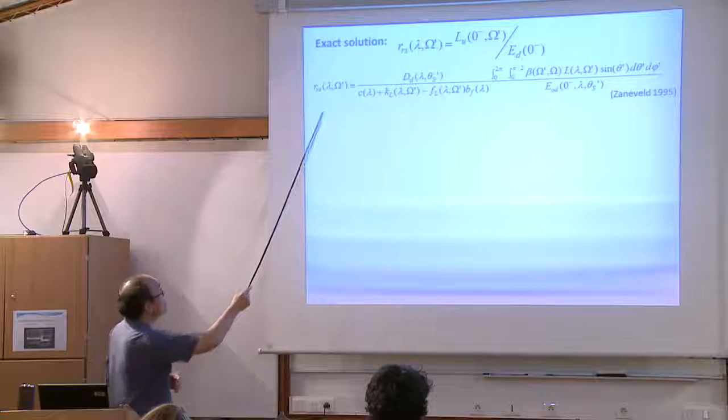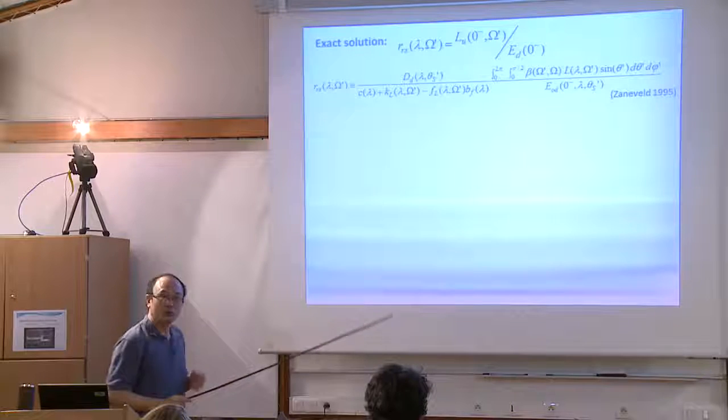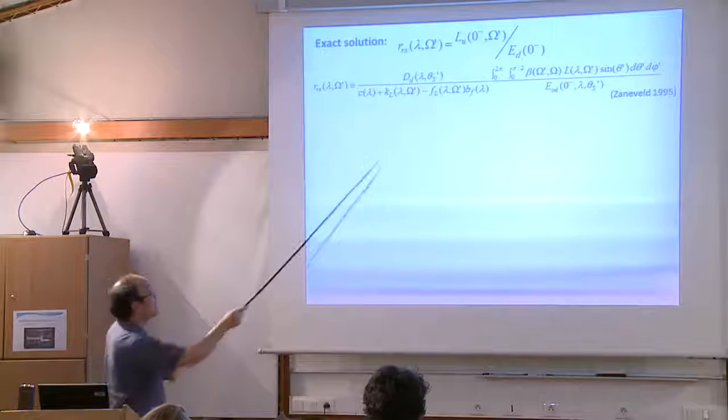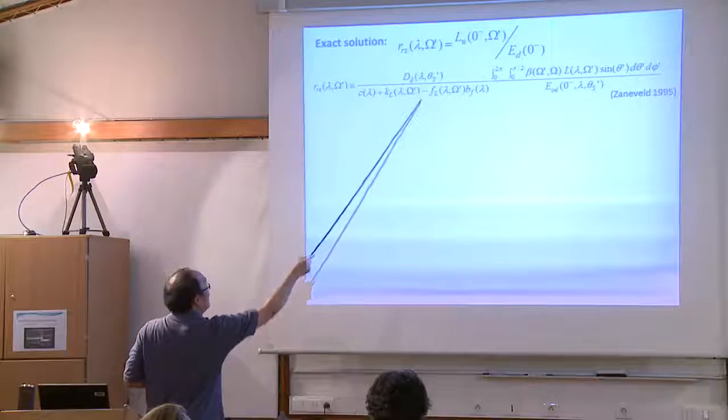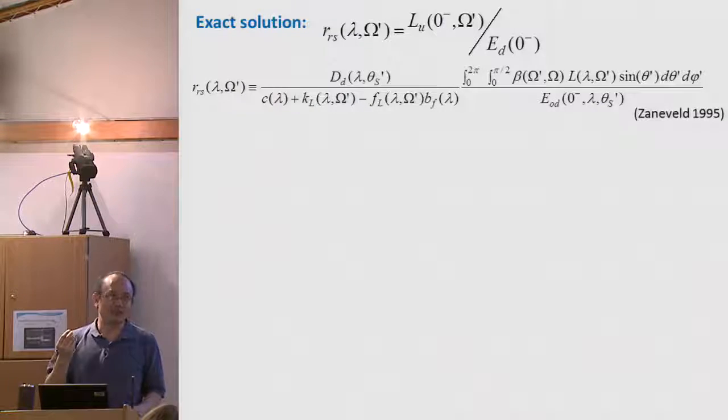Okay, remote sensing reflectance is a ratio of this weighted volume scalar function divided by this term. But this term is still too complex to be straightforwardly useful for our analytic inversions or algorithms.